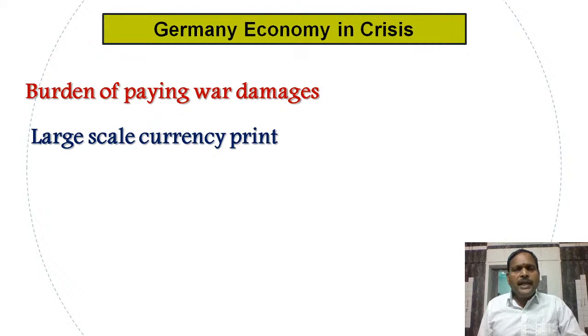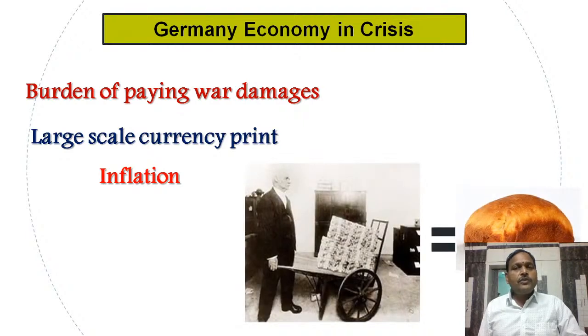So it printed currency on a large scale. And what will happen if you print more currency in a state? Please see this. It causes inflation. What is inflation? Do you know what inflation is? You can see a photograph here. On the right side, there is a loaf of bread. Here, he is carrying money on a cart.